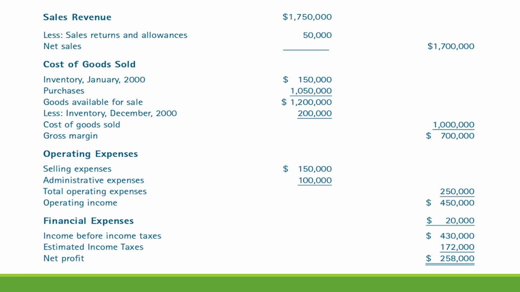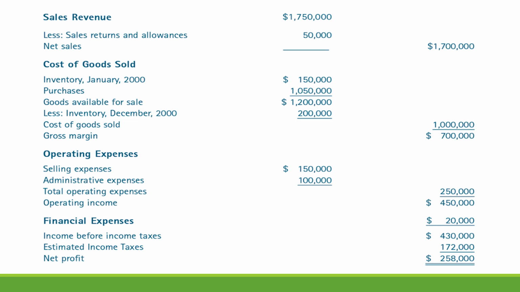So here in our example, we see that revenue totaled $1.7 million. Our cost of goods sold was $1 million, leaving a gross margin of $700,000.